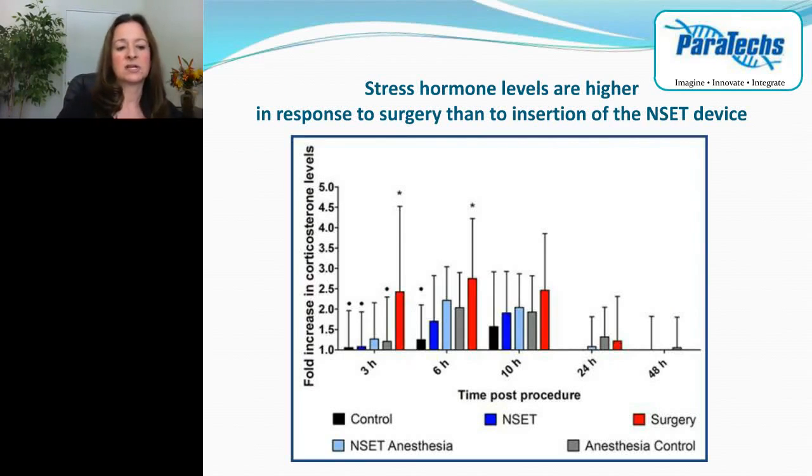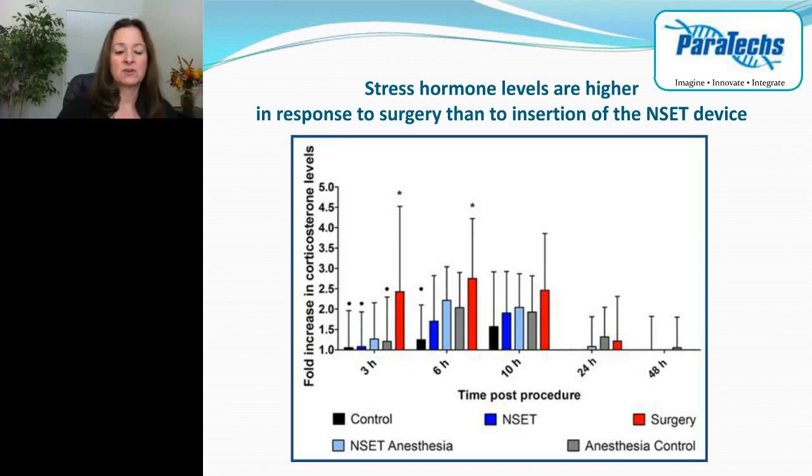So while non-surgical embryo transfer is effective for embryo transfer, the question remains, does it meet the criteria of a 3 R's refinement? In order to determine this, first we tested induction of stress hormones during surgical and non-surgical embryo transfer. We were able to determine that stress hormone levels are higher in response to surgery than non-surgical transfer.